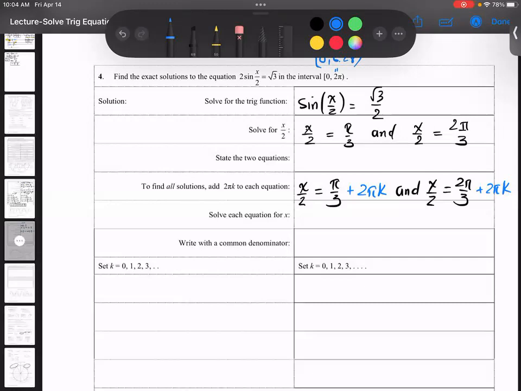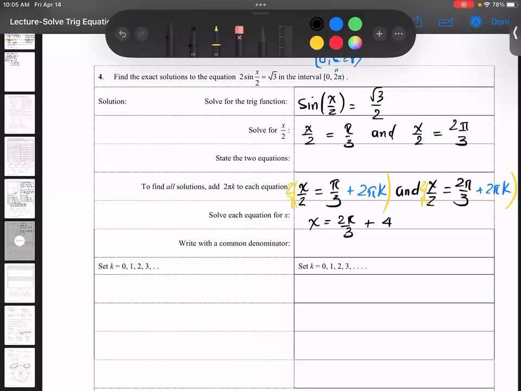Solve for x. So I'm going to multiply both sides by 2, right? Left hand side just x. 2 pi over 3 plus 4 pi k. And x equals 4 pi over 3 plus 4 pi k.